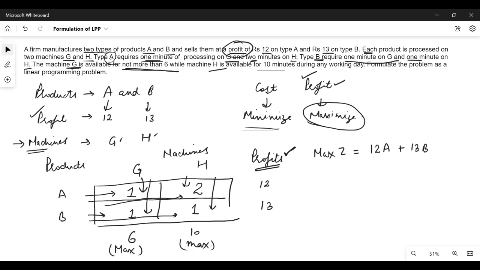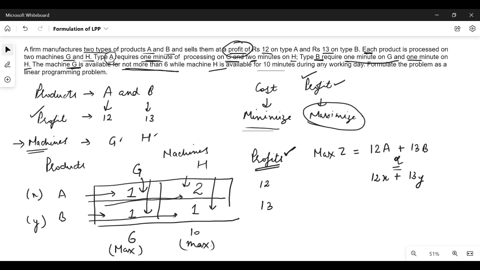Rather than taking A and B, we use x1 and x2 or x and y, because when we plot the values in the graph, we always take the x-axis and y-axis. So we can also write it as 12x plus 13y by taking product A as x and product B as y. It's one and the same thing.